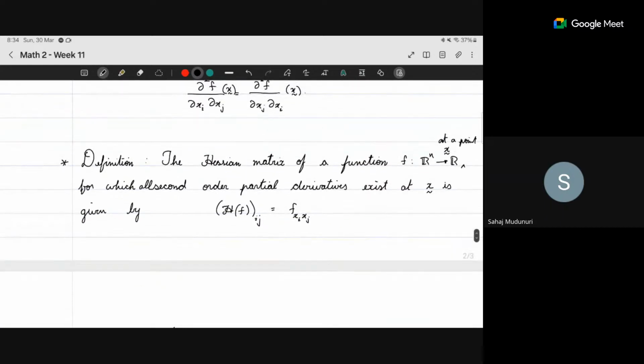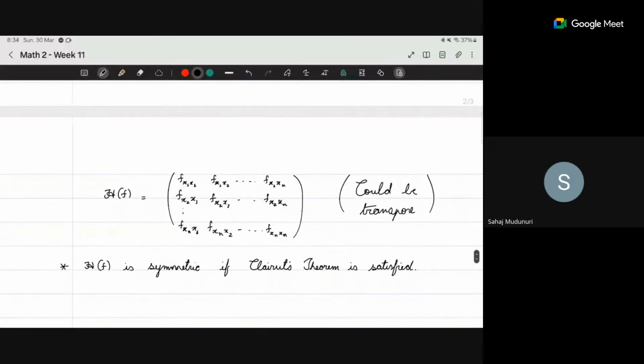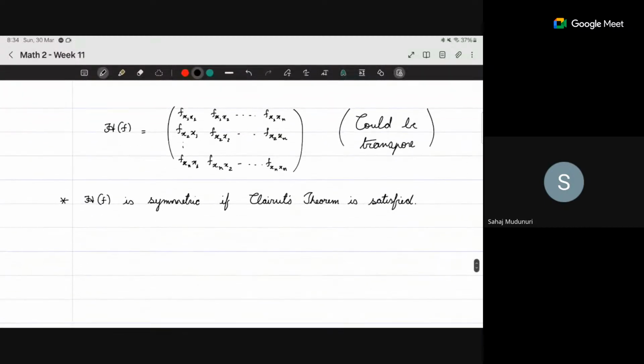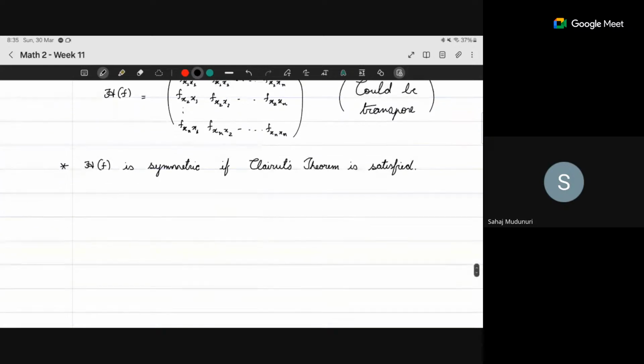Yes, you can have second order derivatives that exist but are not continuous. You can manufacture functions like, for example, x squared sine squared of 1 by x, and 0 at the origin. This is in the one variable case. This is a continuous function, and a differentiable function as well, but the derivative is not continuous.